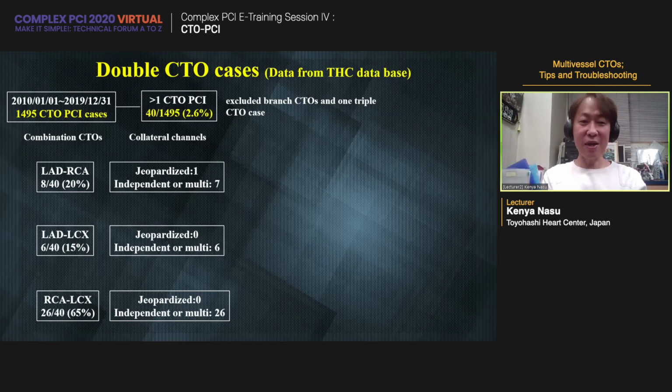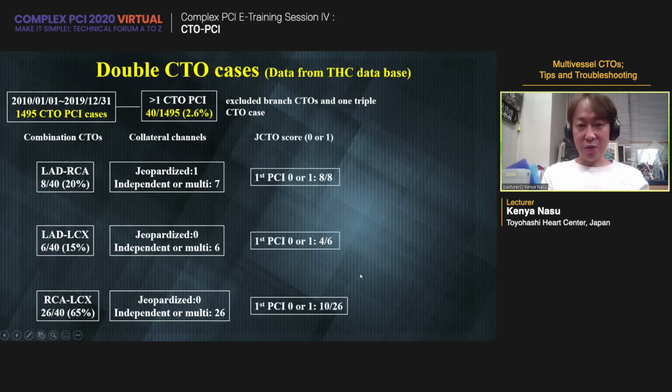So that's why maybe we can do CTO-PCI for this kind of complex patient. So I checked the J-CTO score. Most of the first PCIs had a very low J-CTO score.